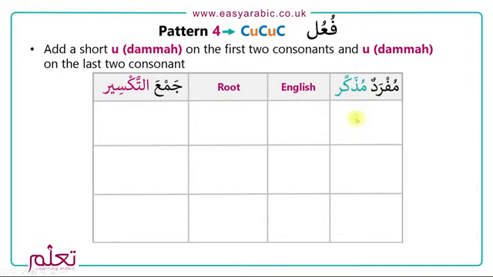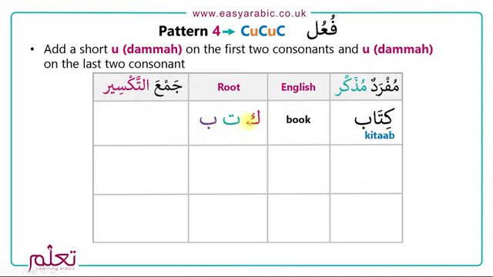Pattern number 4. Here we've got your consonant, then a damma, a consonant, then a damma, then a consonant. So here fu'ul. If we look at the first one, we've got kitab, which is a book. The root letters are kaf, ta, and ba.